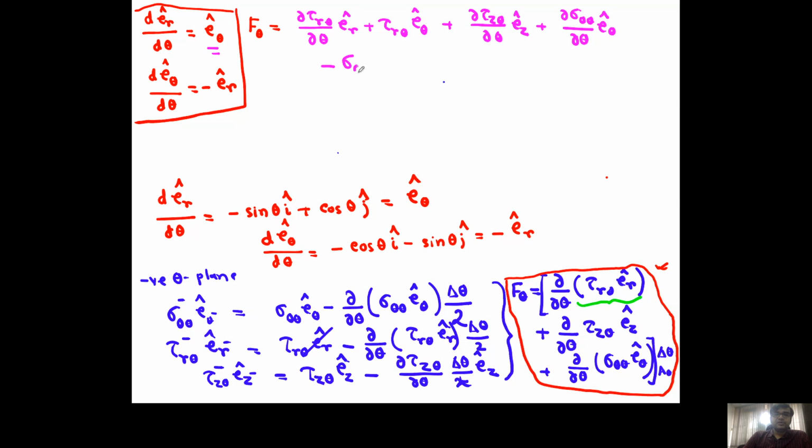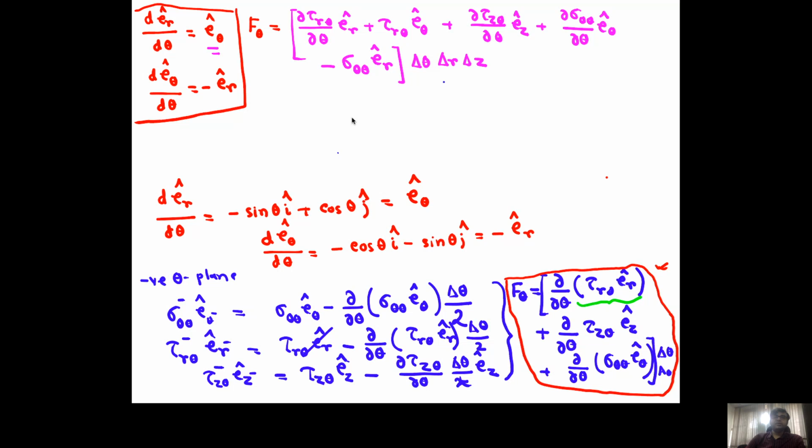So minus sigma theta theta er, and you multiply it with del theta, and then there is a theta, which is nothing but del r del z.